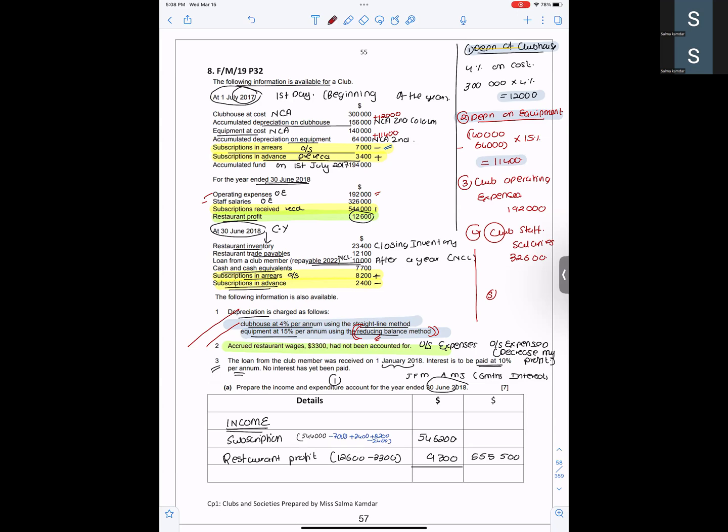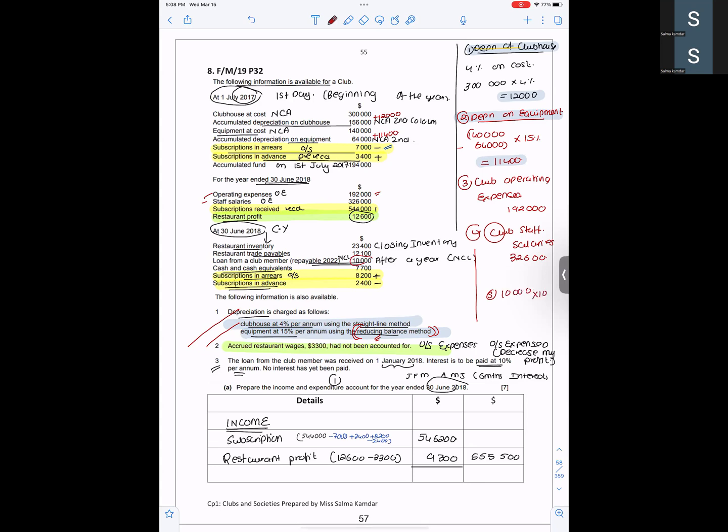Okay, so what is the loan interest? Loan is how much? Loan, 10,000. 10,000 is your loan.